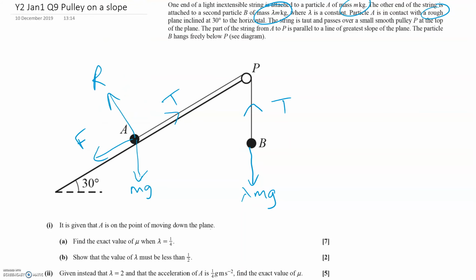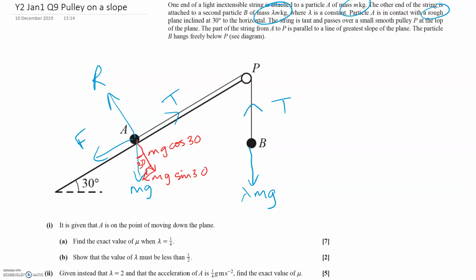If we draw a line going down here, that angle there will always be 30 degrees, which makes this mg cos 30, and this over here will be mg sine 30. That's because the right angle will be there. Okay, now I think we're just about ready to actually look at the question.